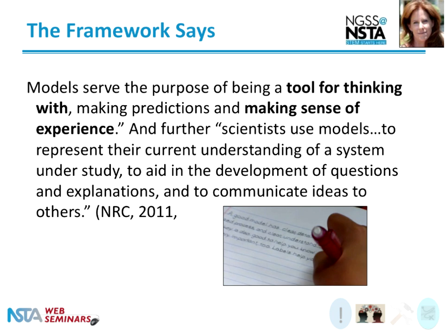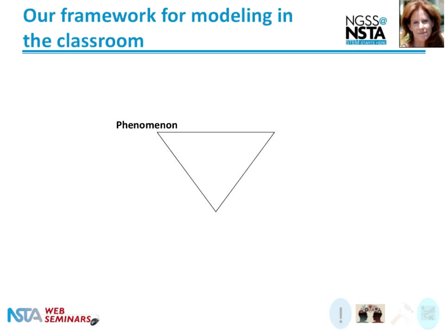So again, models serve the cognitive agent in a particular way with regard to the phenomenon, and if we keep that person in the center when we think about that, then that gets us a little ways.